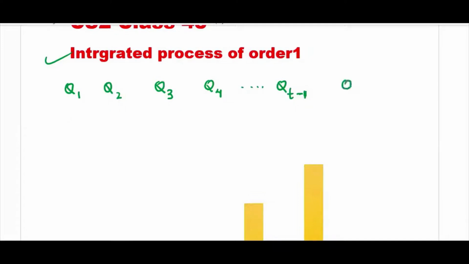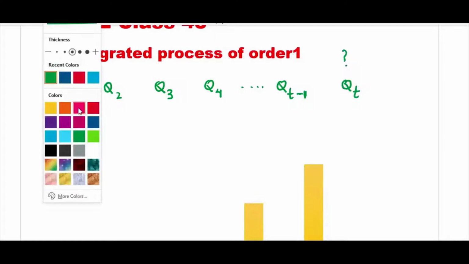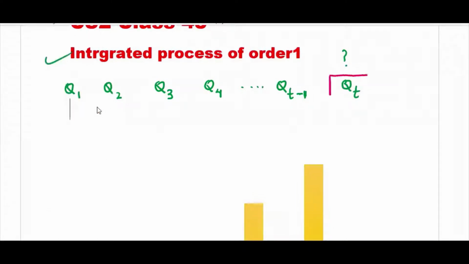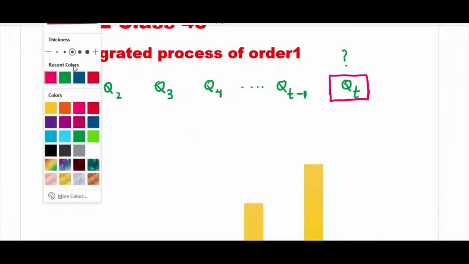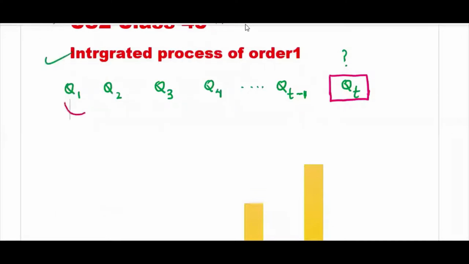You need to predict Qt. So if you want to predict this one, then you can use the history of the process up to t minus 1. The values are available for you. You can use the values. It's not Markov because we are using all these values to predict this one.